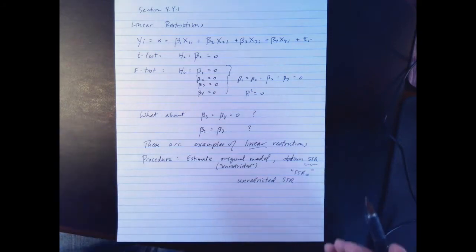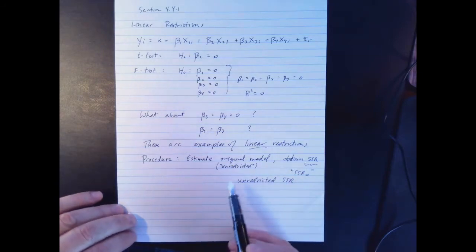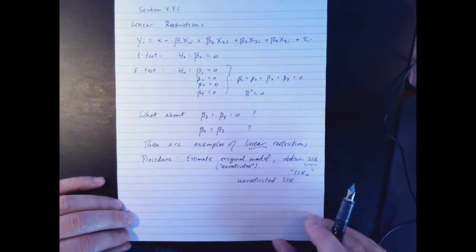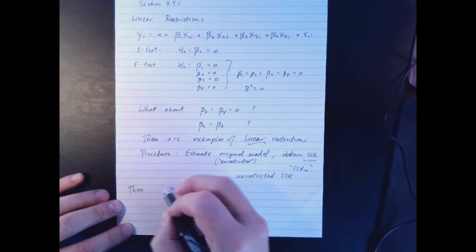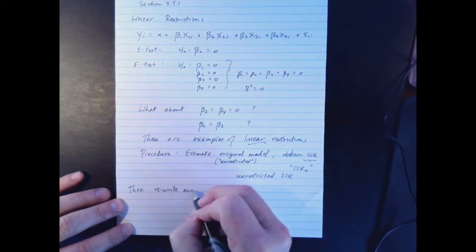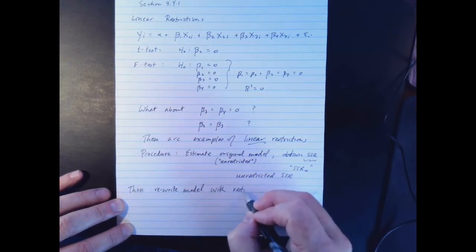Okay, so you know that when you run a regression, one of the things that you get is the residuals, and then you can get the sum of the squared residuals, and so that's SSR. And in the original model case, that's the unrestricted model. We get the unrestricted sum of squared residuals. Then we rewrite the model with the restriction imposed.